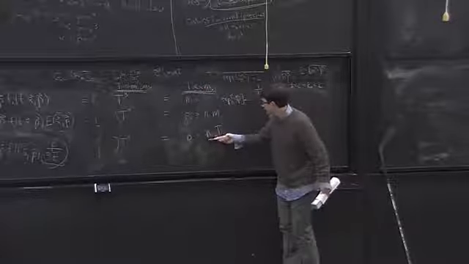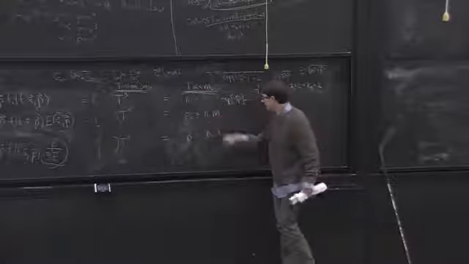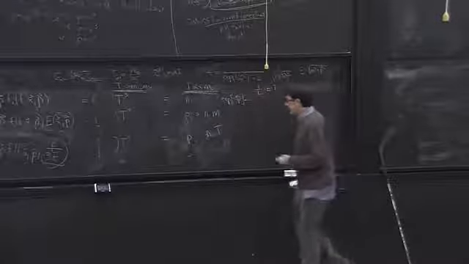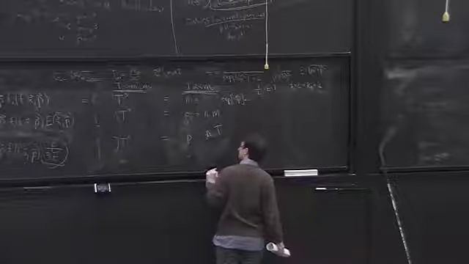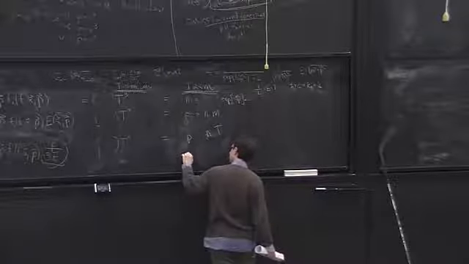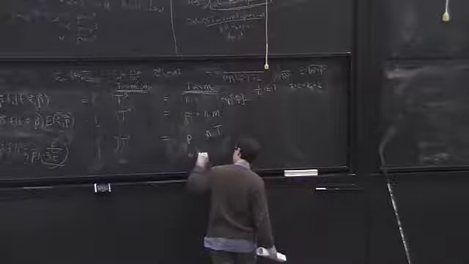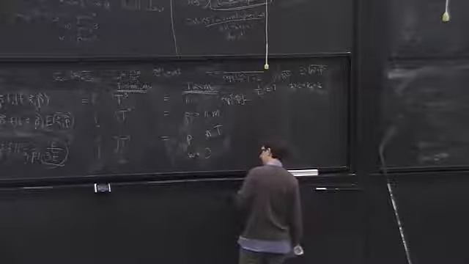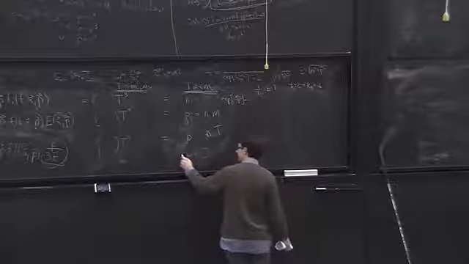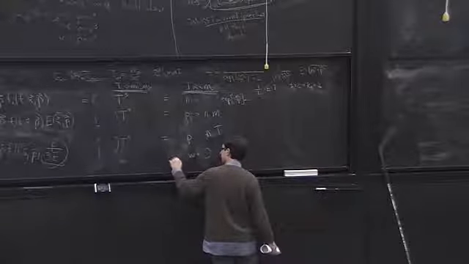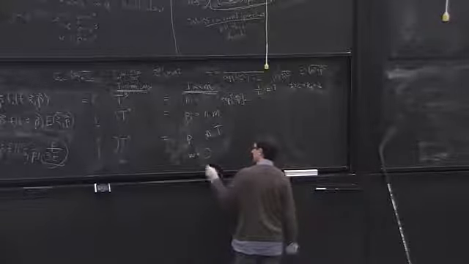And so this expression confirms what we had said in the last lecture, which is that in the non-relativistic limit, P is negligible relative to rho.